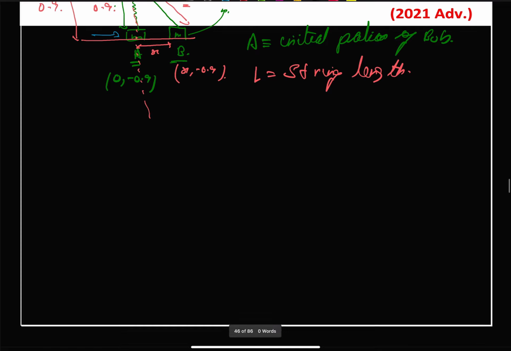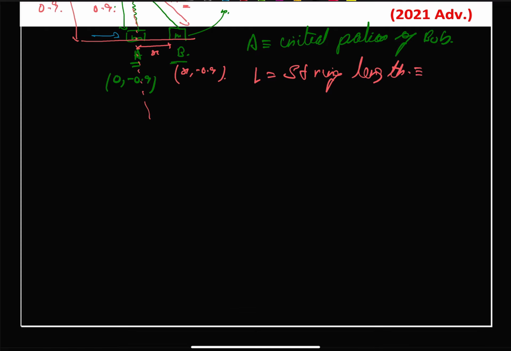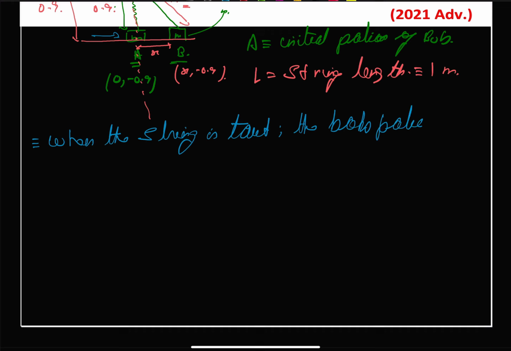This length is given to us as 1 meter, and when the string is taut, the bob's position is B, and the coordinate is (x, -0.9).